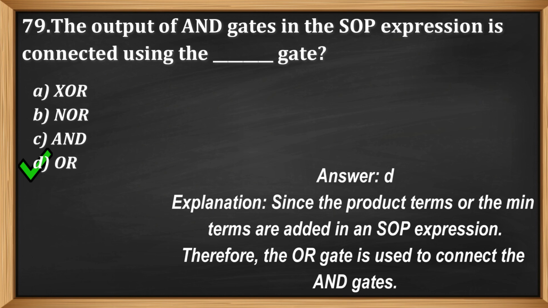The output of AND gates in the SOP expressions is connected using the dash gate. Option D, OR.